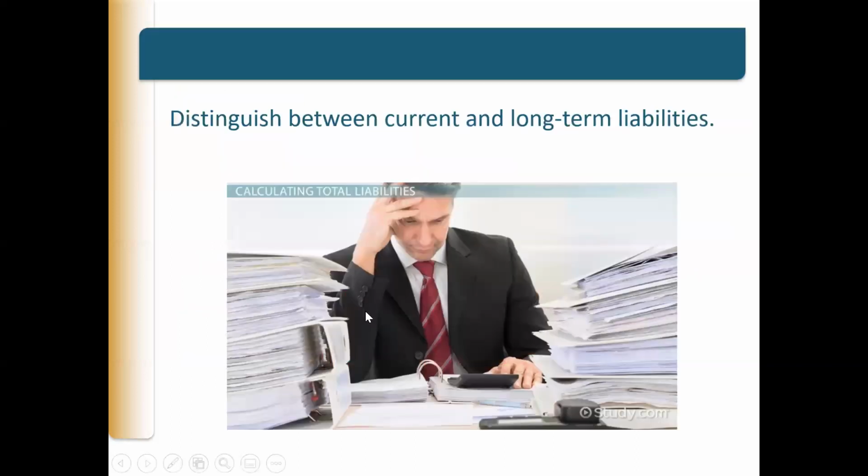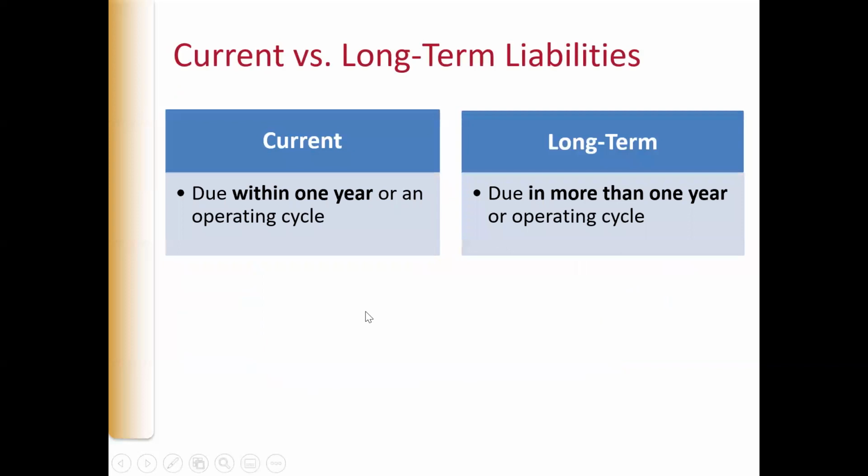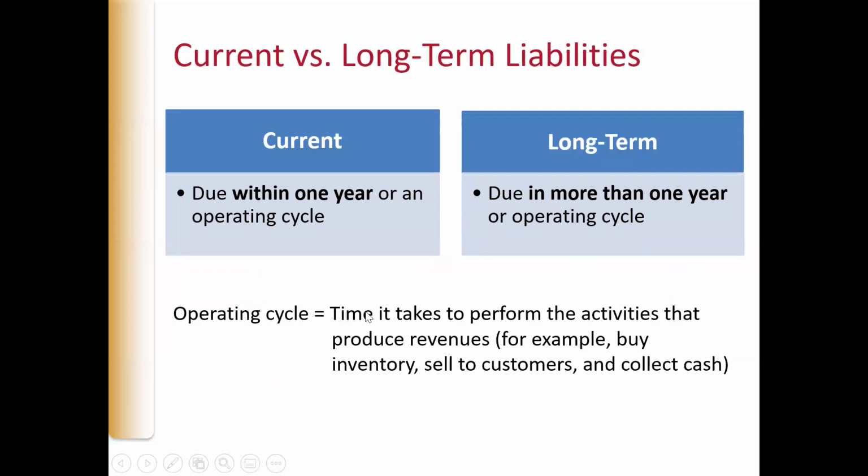So what is the difference between a current liability versus a long-term liability? A current liability is due within 1 year of the date today, whatever that date is, or an operating cycle. A long-term liability is due in more than 1 year. They always put in the words operating cycle.